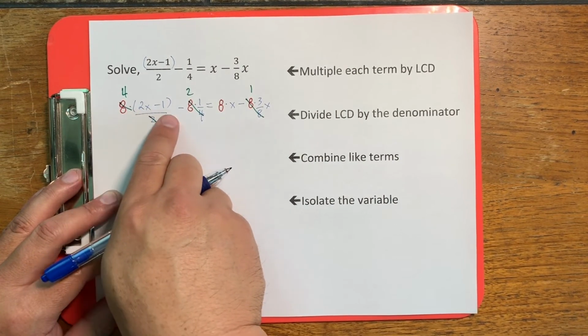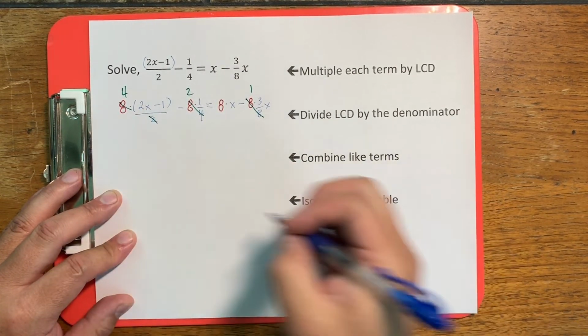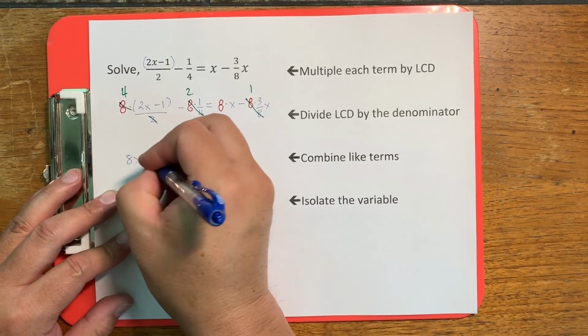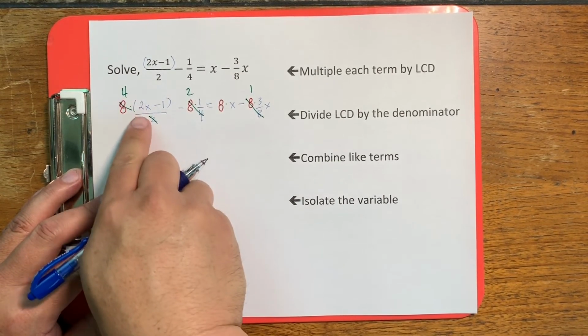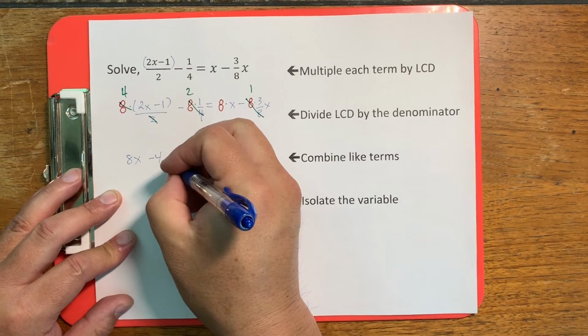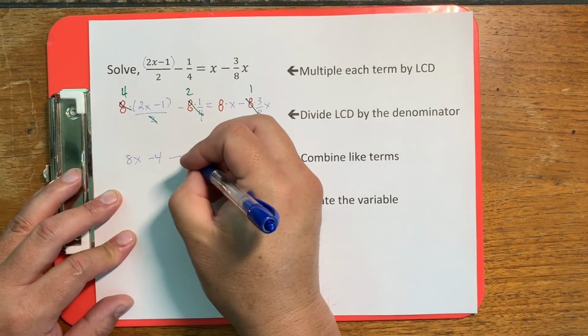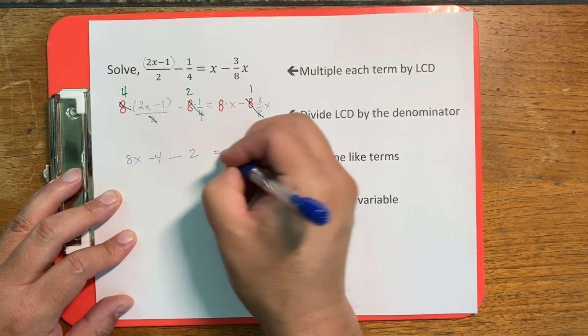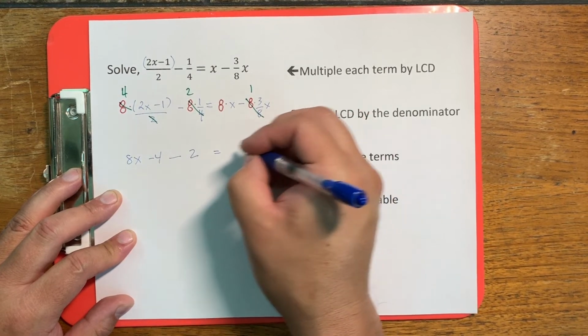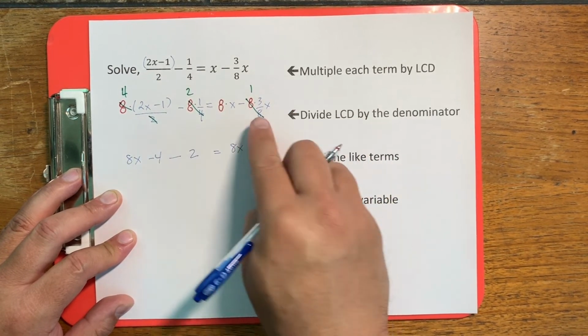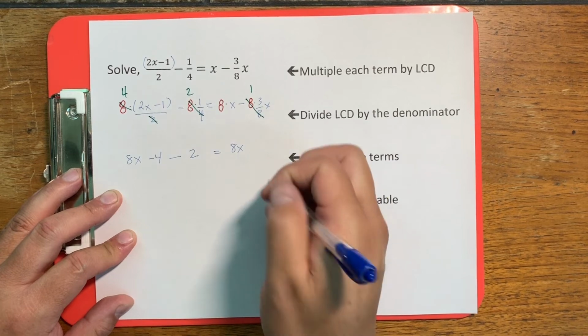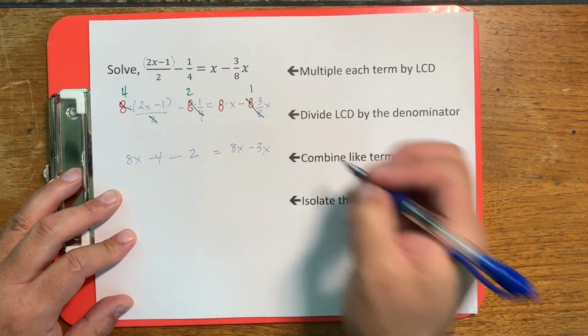The 4 times the 2x minus 1, we'll get 8x minus 4. We're just distributing the 4 with the 2x minus 1. Minus 2 times 1 is 2, is equal to 8x. And then 1 times 3 is going to be 3x.